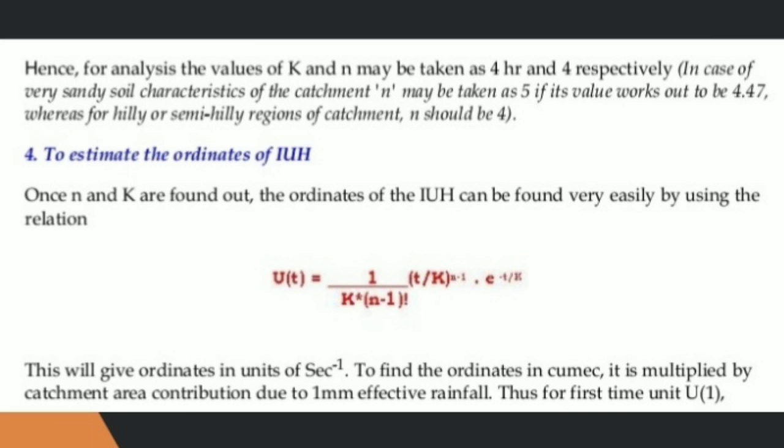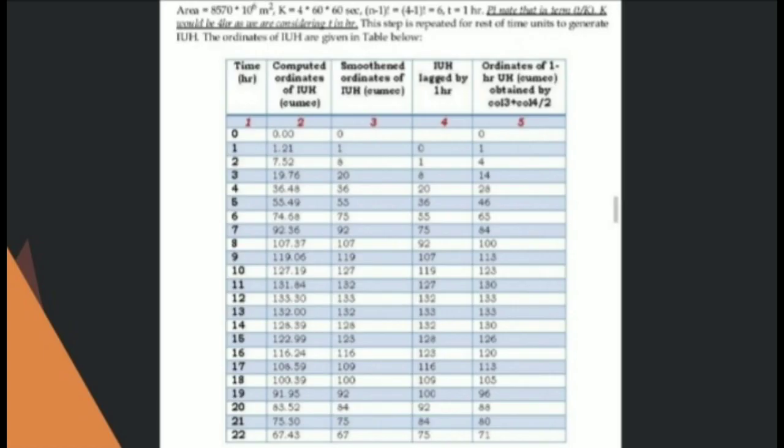To find the ordinates in cumecs, it is multiplied by the catchment area contribution due to 1 mm effective rainfall. Thus, for the first time unit, U times 1 mm times area, where area equals 8,570 times 10 to the power of 6 square meters, K equals 4 times 60 times 60 seconds, and N minus 1 equals 4 minus 1, equals 3, with t equal to 1 hour.